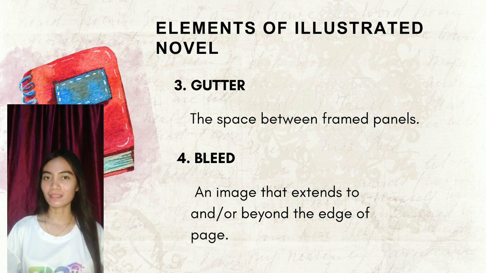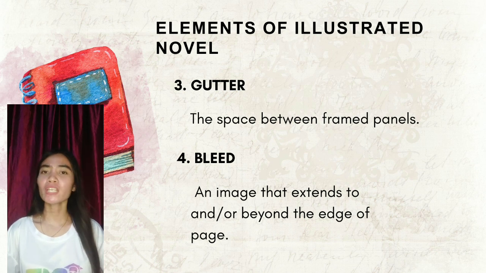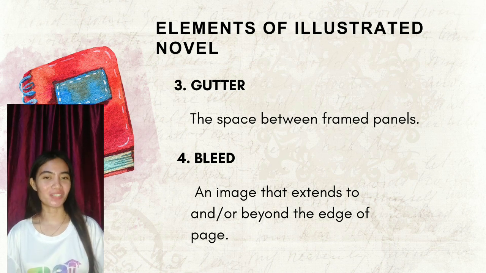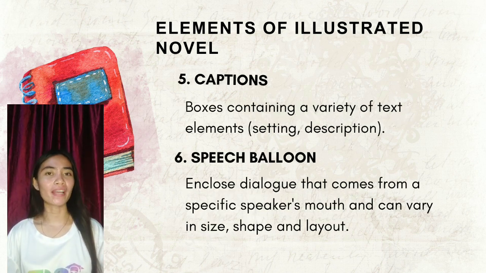Next is the bleed. When an image extends to or beyond the edge of the page, it creates a sense of continuity and immersion by eliminating margins. Next is captions. Text boxes that provide narrative information or descriptions, often setting the scene or providing context. Next, the speech balloon.